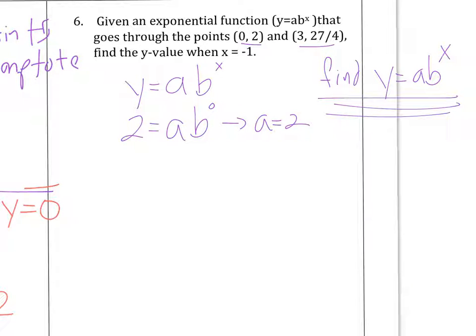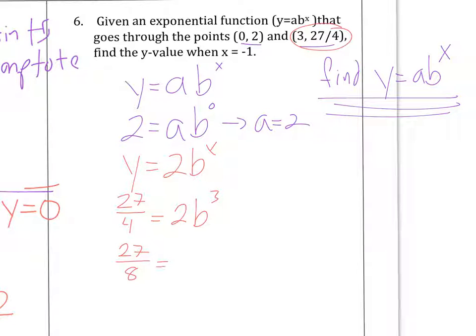I'm going to use that point now. So y is equal to 2b to the x. And plug in this point. So 27 over 4 is equal to 2b to the third. Okay, divide by 2. 27 over 8 is equal to b to the third.